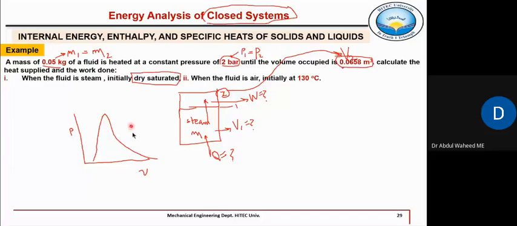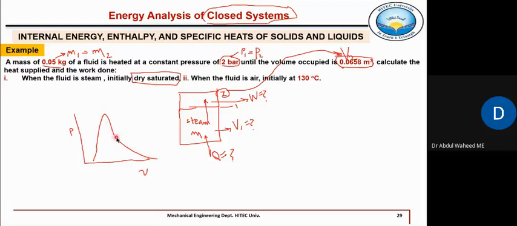This is also a dry region, but that is not saturated, that is the superheated region. So dry saturated is only this one. This is not dry saturated. It is saturated, but it is liquid. It is not dry, it is wet. Wet region, starting from here, ending here. Anywhere on this line, it is dry and saturated.